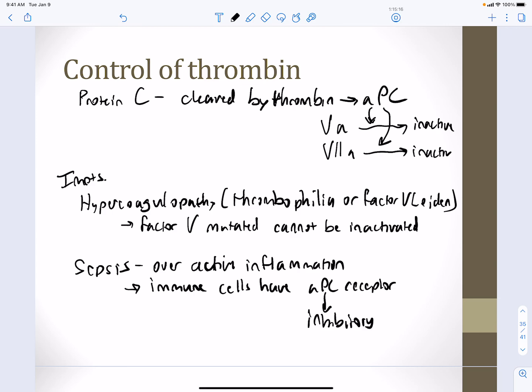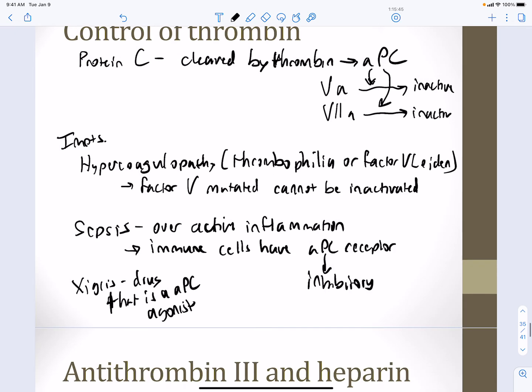So you have a drug called Xigris, and this is an antisepsis drug that targets the active protein C modulation of your immune system. And it can be used to treat some forms of sepsis.